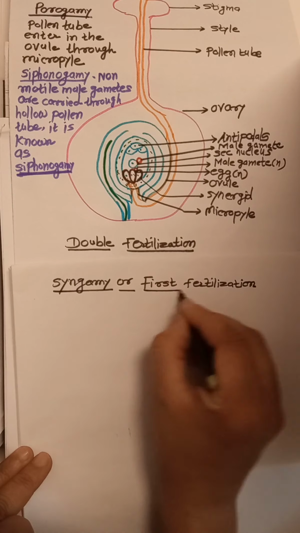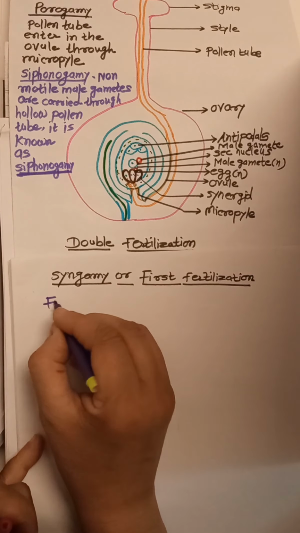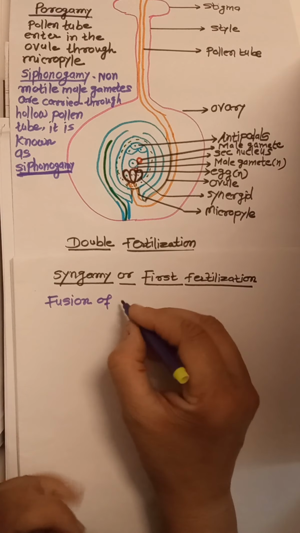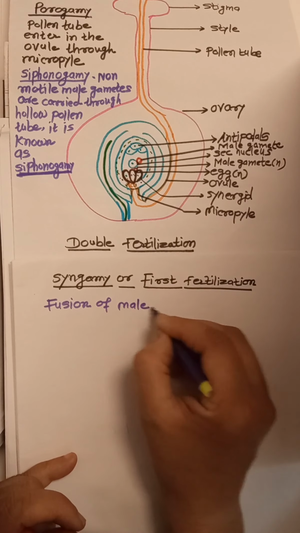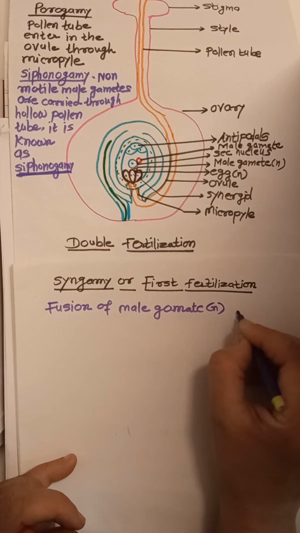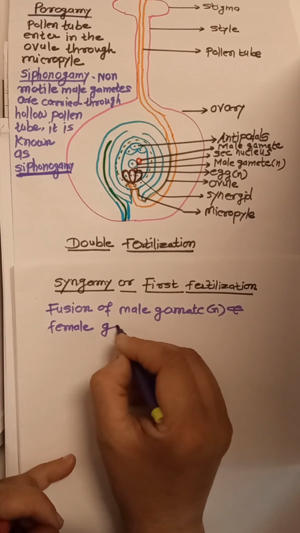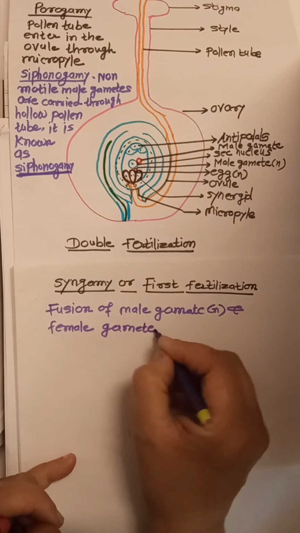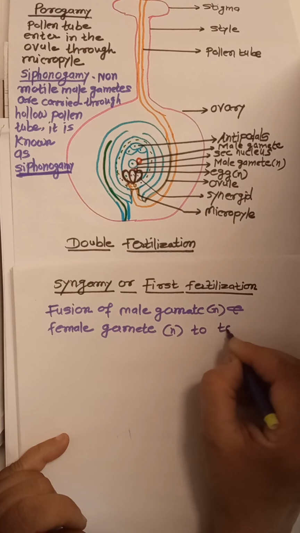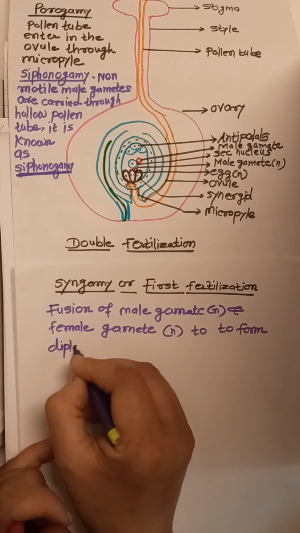Syngamy or first fertilization means fusion of male gamete, which is haploid, and female gamete, that is egg, which is also haploid, to form diploid zygote.